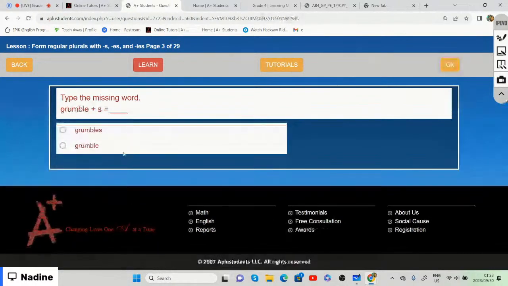Grumble plus s. Grumble is like talking under your breath, grumble or mumbling. So grumble plus s, is it grumbles or is it just grumble?